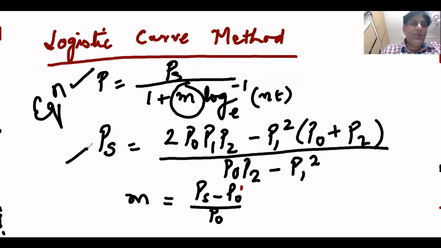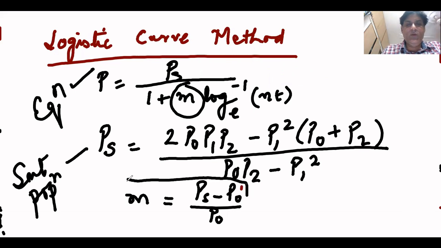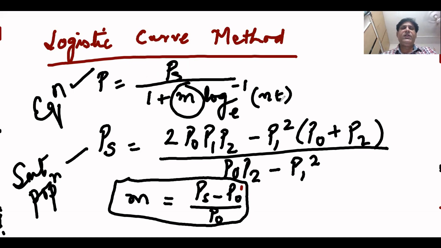This is the saturation population, right? This is the constant M which is being used. So the equation is given by P is equal to PS divided by 1 plus e to the power of minus N T. PS, the saturation population, is given as 2 P0 P1 P2 minus P1 square (P0 plus P2) divided by P0 P2 minus P1 square. These are just the formulas and you need to just put in the values of P0, P1, P2 in the formula and get the required answer.